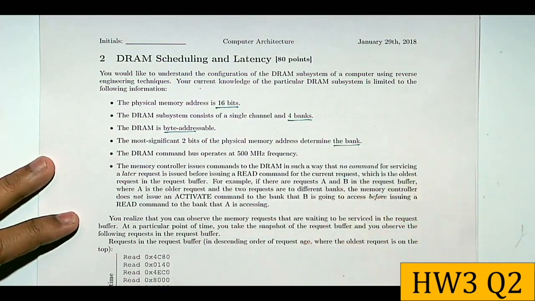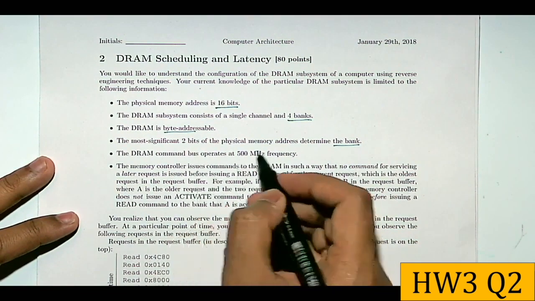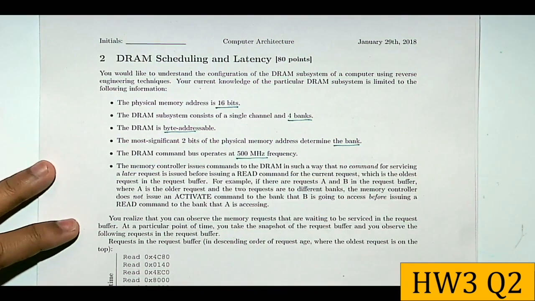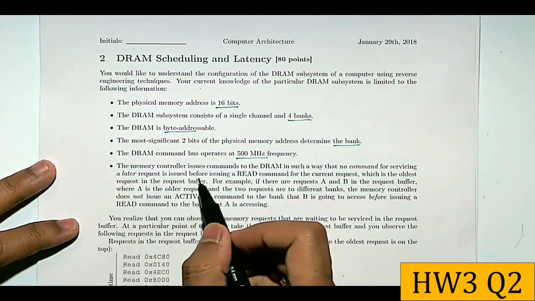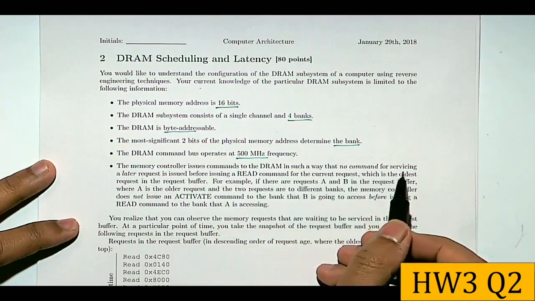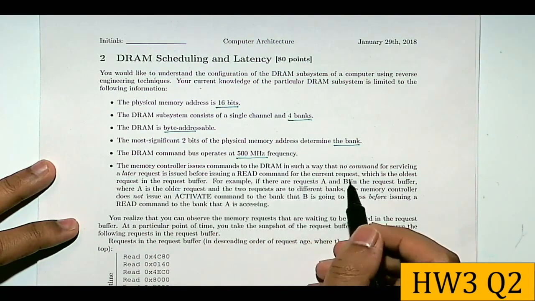So you know how to decode the physical address to get the bank number. And the DRAM command bus operates at 500 megahertz frequency. This point says the memory controller issues commands to the DRAM in such a way that no command for servicing a later request is issued before issuing a read command for the current request.